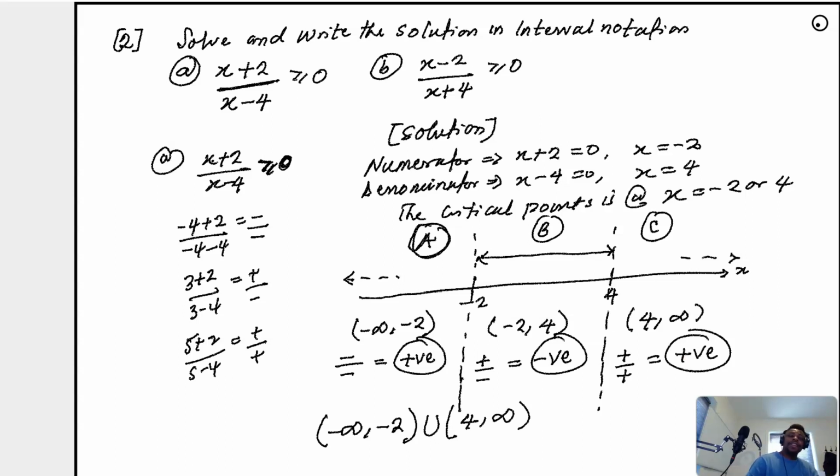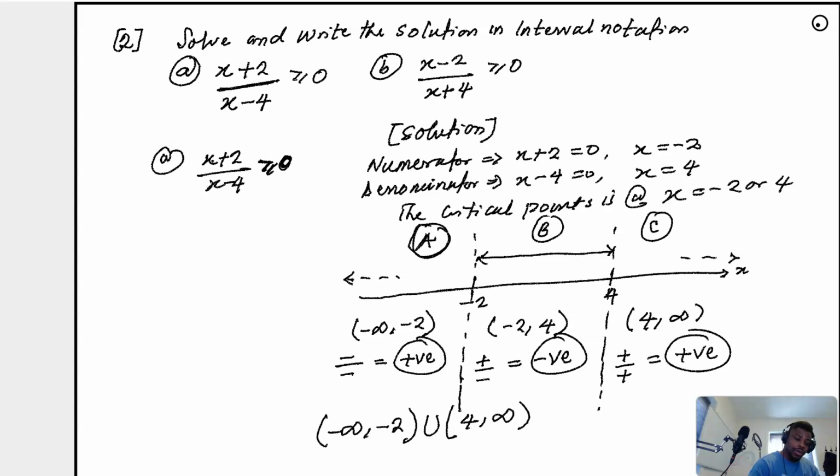Now, step 5, let's pick our solution. I've told you what is necessary for us. Remember, your critical points are minus 2 or 4. And what is important for us here is the numerator. And this is what the numerator gave us, right? So we are only concerned about the numerator.